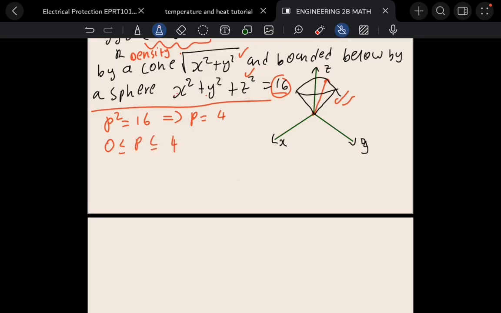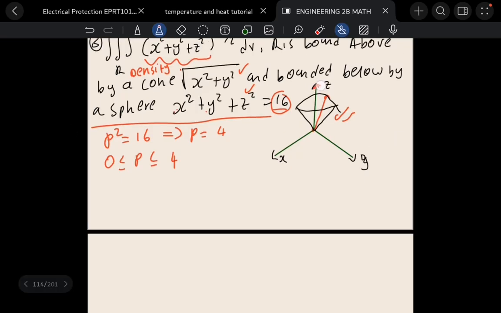Now, how is the region bounded by the value of theta? To see the value of theta, you need to remove the z-axis. By removing the z-axis, you see the top part of that cone, which is circular.